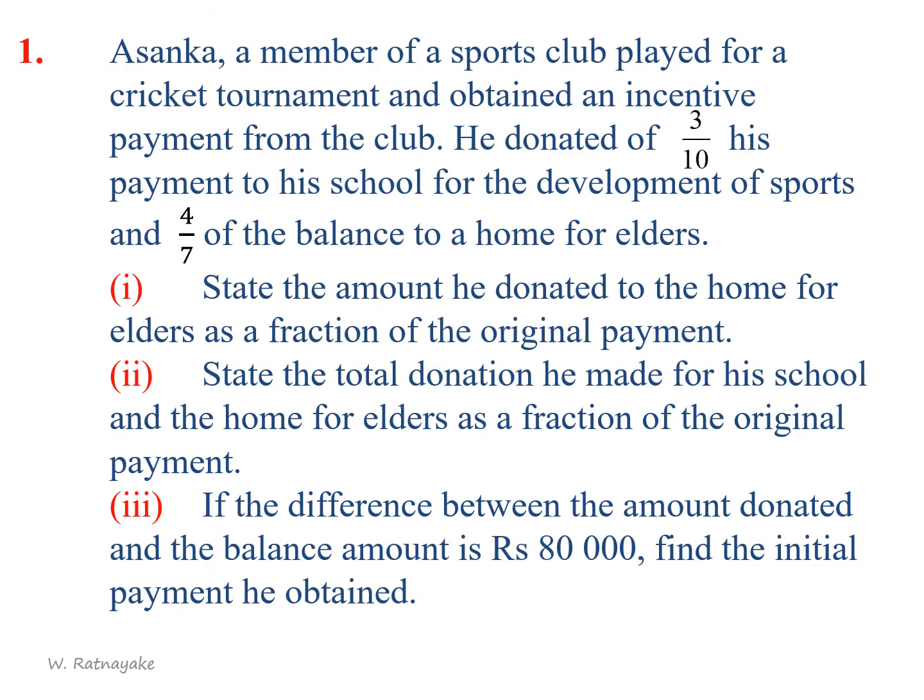Asanka, a member of a sports club, played in a cricket tournament and obtained an incentive payment from the club. He donated 3 upon 10 of his payment to his school for the development of sports, and 4 upon 7 of the balance to a home for elders.